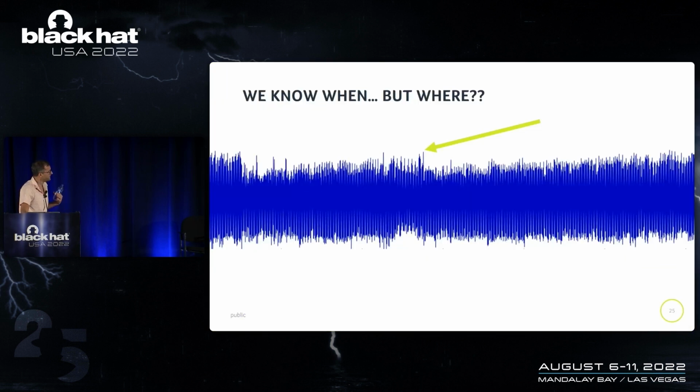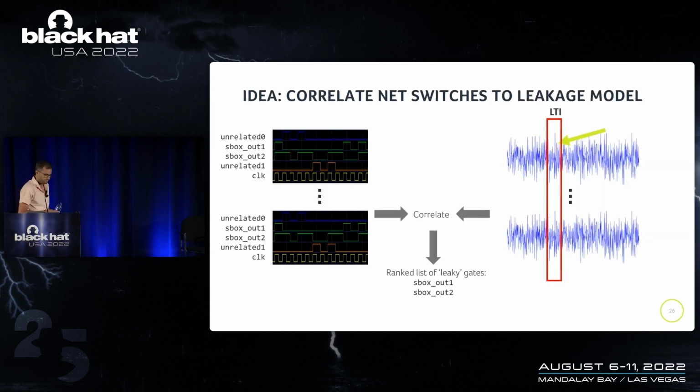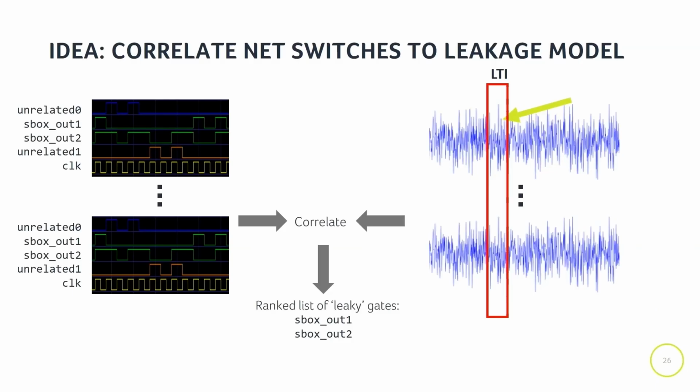So we know when in time something's happening, but where is it leaking? So the idea behind this is that we are going to correlate net switches to a leakage model. So essentially what we're going to do is we're going to take the logic on a chip, and remember, as soon as something switches, it consumes more power. So if we look during the period, on the right-hand side, we call the red box the leakage time interval, basically the part of the time when something leaks.